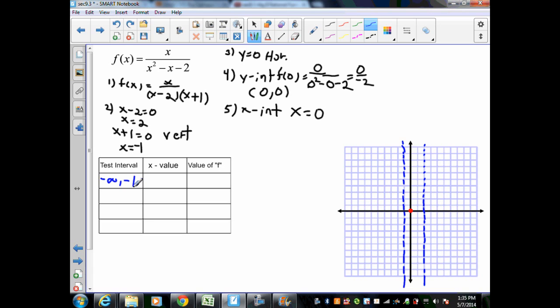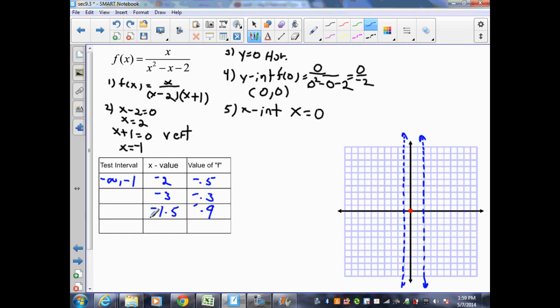So I'm going to choose -2, I'm going to choose -3, and ultimately I need to choose a closer value, which is -1.5. When I find those values, I get -0.5, -0.3, and -0.9.